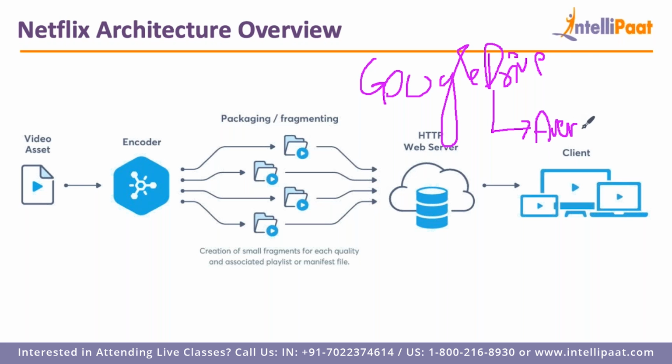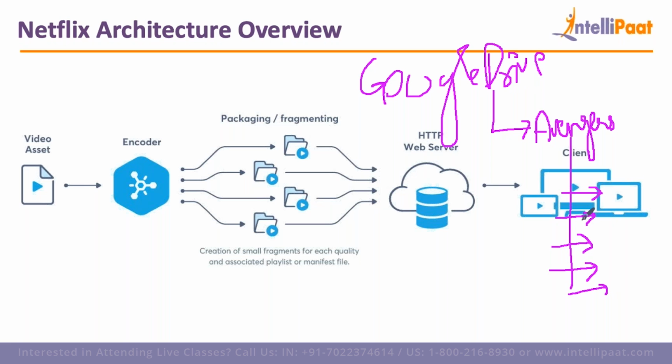Now in this Avengers folder, I will put in all the video files that I have encoded and transcoded, basically, which are in different resolutions and different formats, and everything will be stored over here.